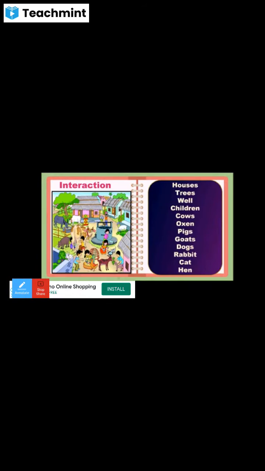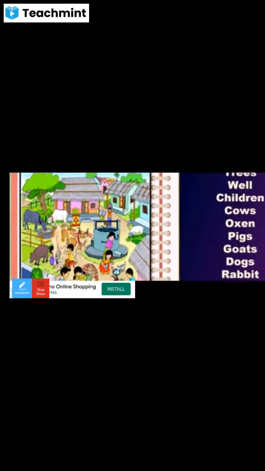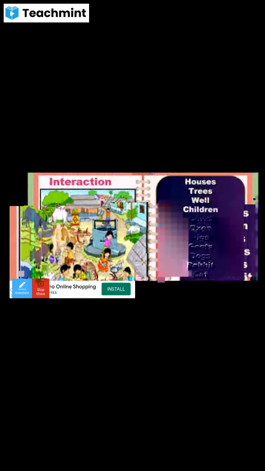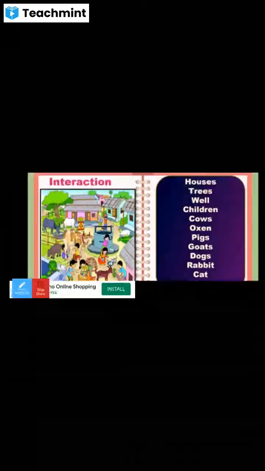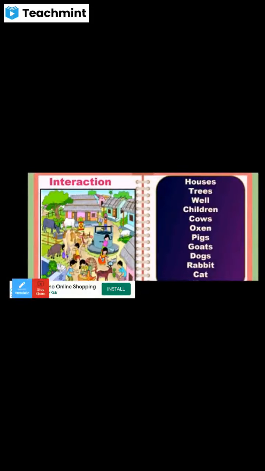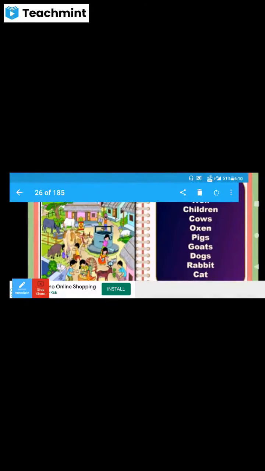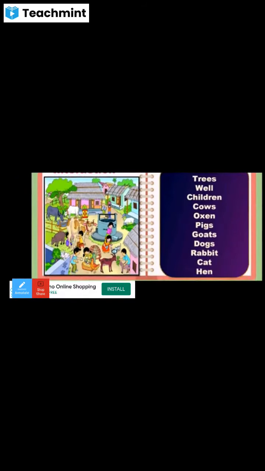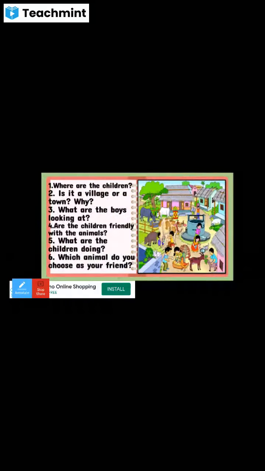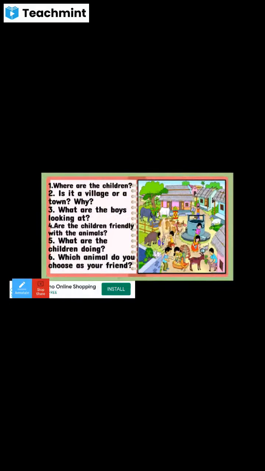We can observe houses, I mean thatched houses, trees, a well, children, cows, oxen, pigs, goats, dogs, a rabbit and a cat in this picture. And a hen, we observe in this picture.